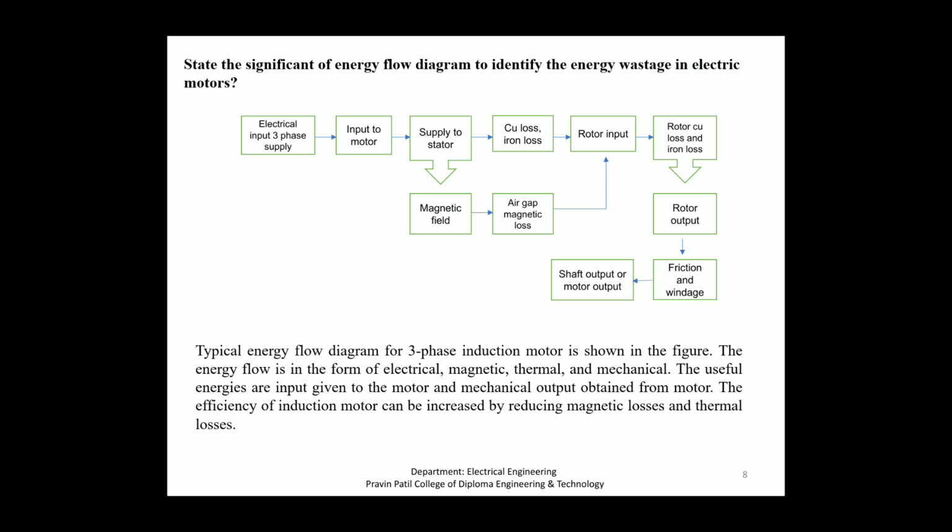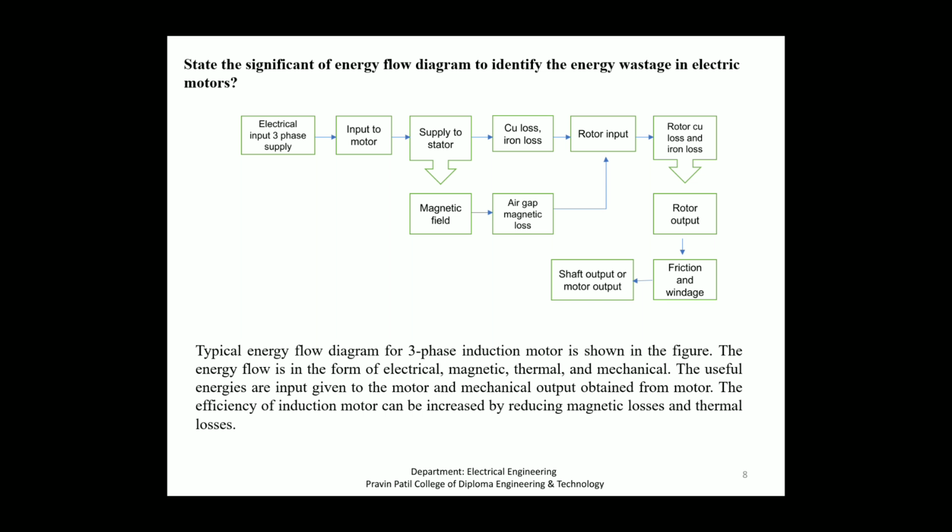As the load changes, the current flowing in the rotor and stator winding also changes, and hence these losses also change. Therefore, these losses are called variable losses. The copper losses are obtained by performing the blocked rotor test on a three-phase induction motor.